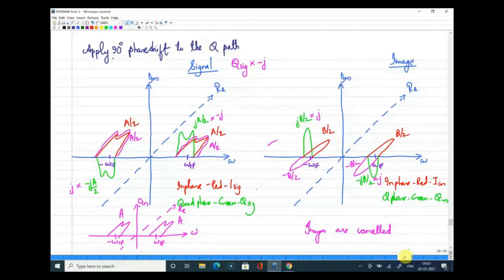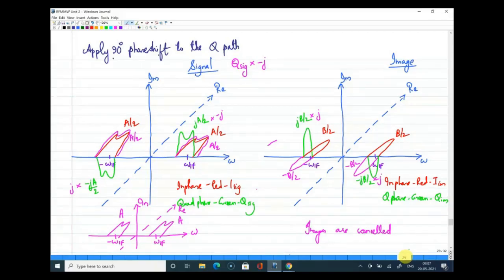Whether image cancellation will happen completely depends on how the signal and images are getting processed through the circuit. We have the circuit and the architecture here, and both the addition of the signal and the cancellation of the image depend totally on the individual components of the Hartley receiver, right?